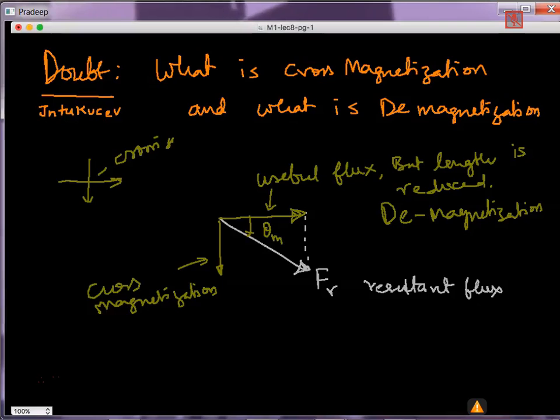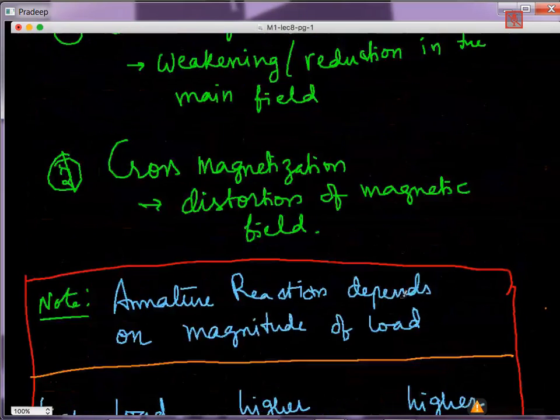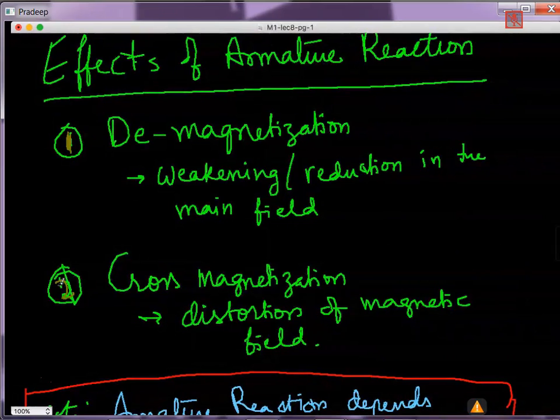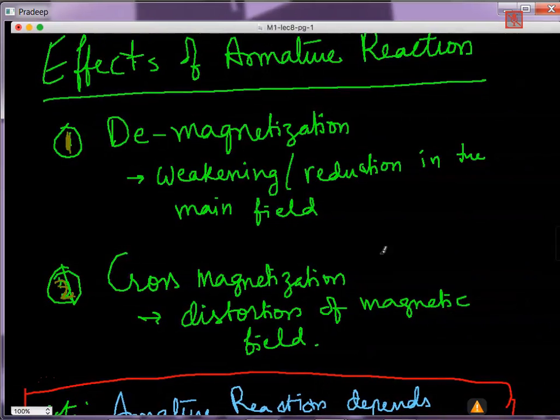explanation. So the resultant flux, there are two effects. What are the two effects? One effect is demagnetization effect and the second effect is cross magnetization effect. Now how to remedy this?